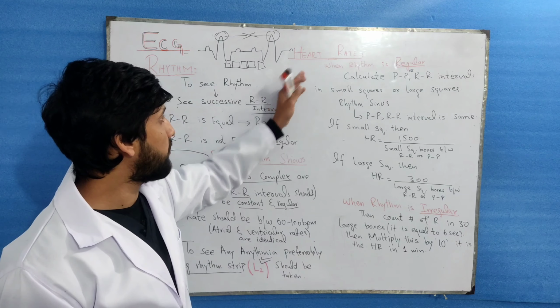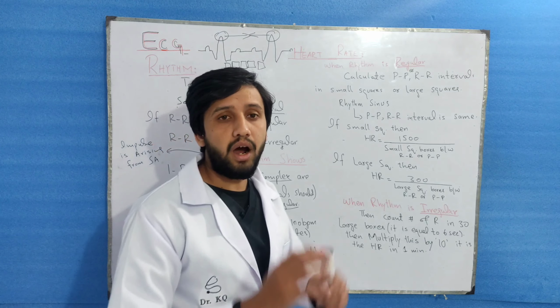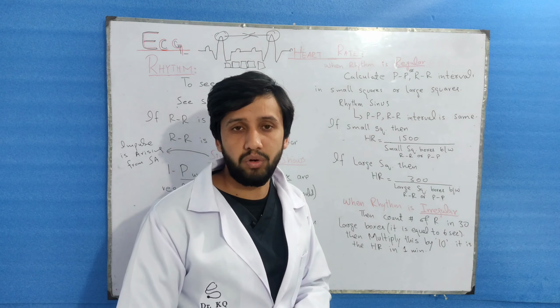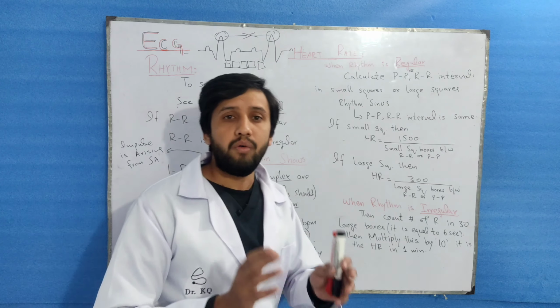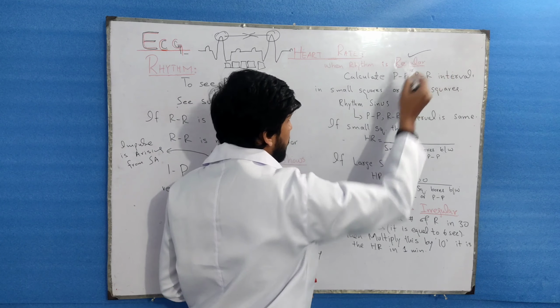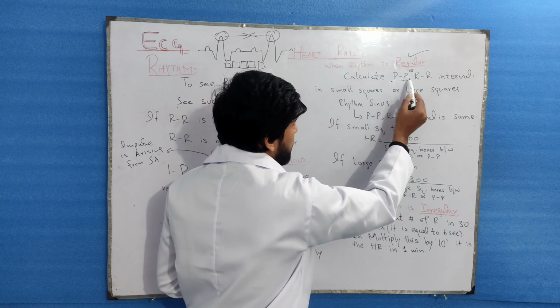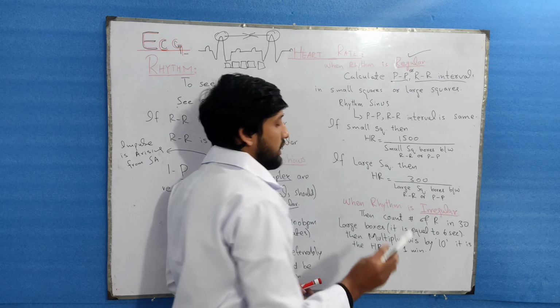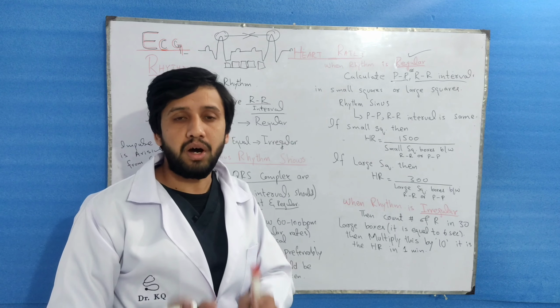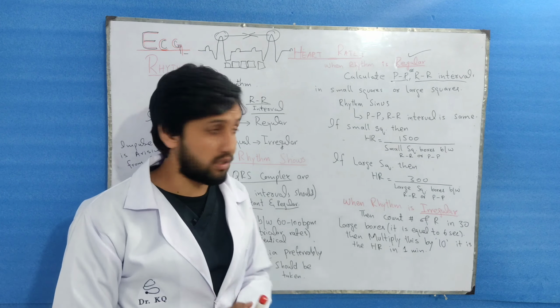Coming toward the second point, which is the heart rate. In order to calculate the heart rate, you have to see whether the rhythm is regular or irregular. If the rhythm is regular, then calculate the PP or RR interval in small square boxes or large square boxes. I explained the small and large boxes in my previous lecture.